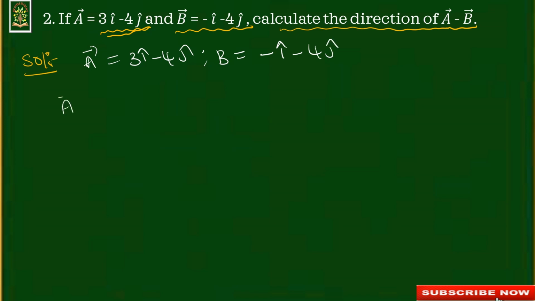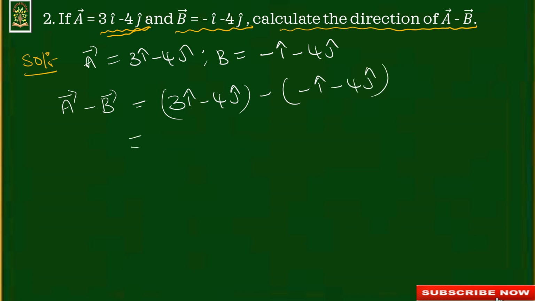Now we are calculating A bar minus B bar, which is equal to 3 i cap minus 4 j cap minus of minus i cap minus 4 j cap. 3 i cap minus 4 j cap, minus of minus becomes plus i cap, minus of minus becomes plus.